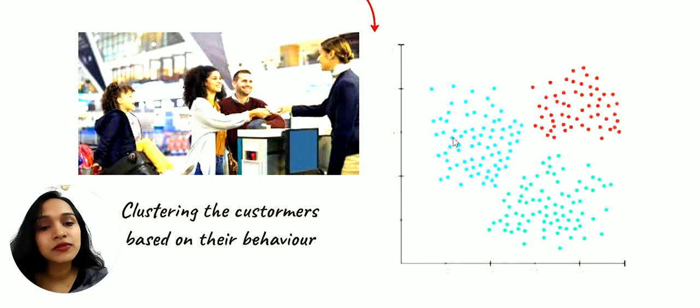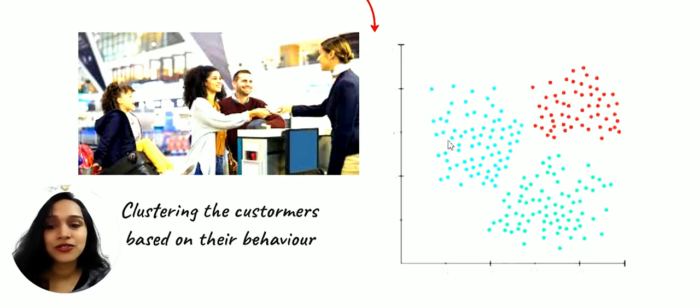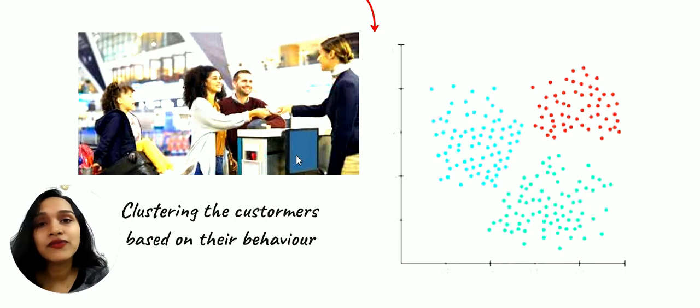Some of these customers will be high paying capacity customers. Some of them will be frequent visitors. Some of them will be low paying capacity customers who just visit the mall, just look at the things, and will not spend much, but they will be frequent customers. There will be different behaviors like this. So how can we cluster the customers based on their purchasing behaviors?